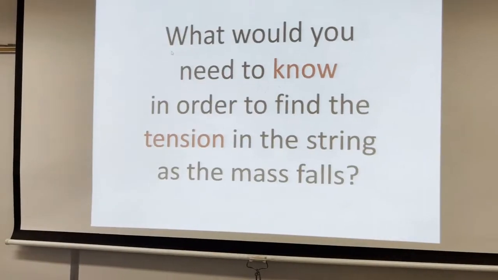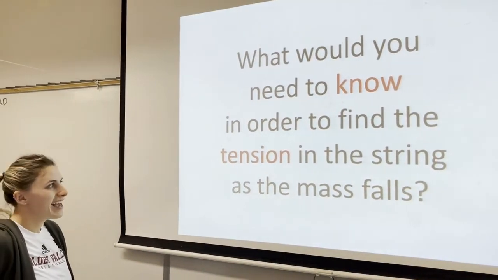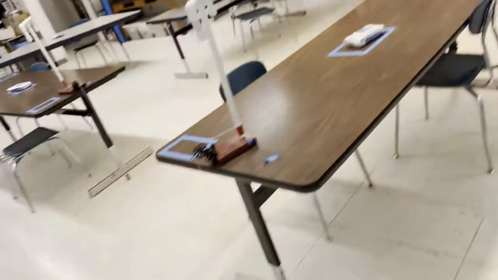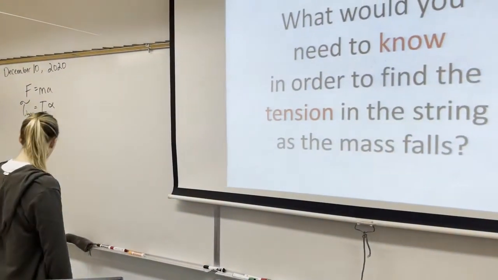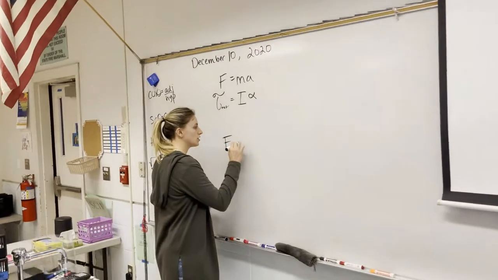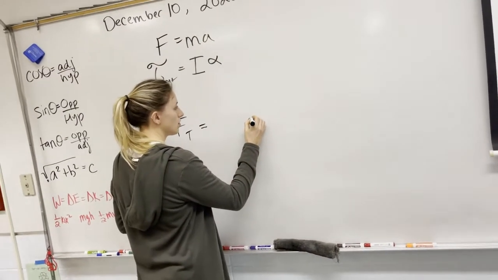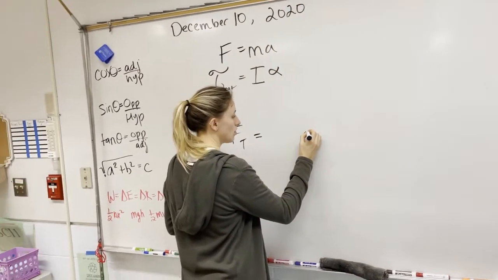What would you need to know in order to find the tension in the string as the mass falls? Well, you'd need to know the acceleration of the mass. So the force of tension is going to equal. But how could we find the acceleration of the mass?